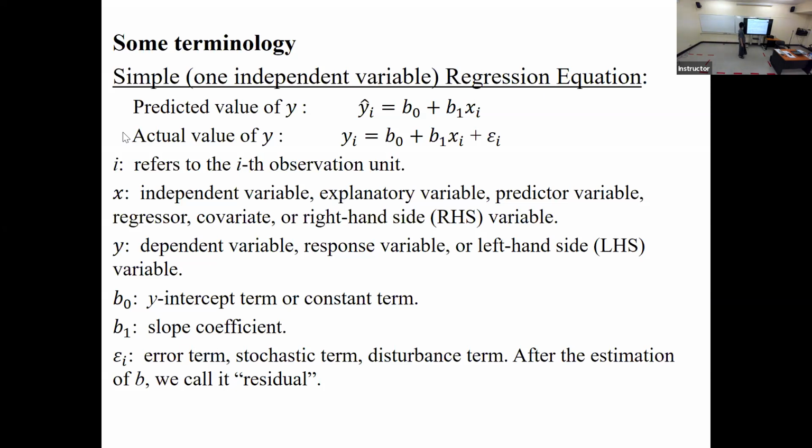Simple regression means one independent variable. There's only one x variable, which is not so useful. So in your actual research, we will not use it. But just as a way of understanding the concept, we start from this one.